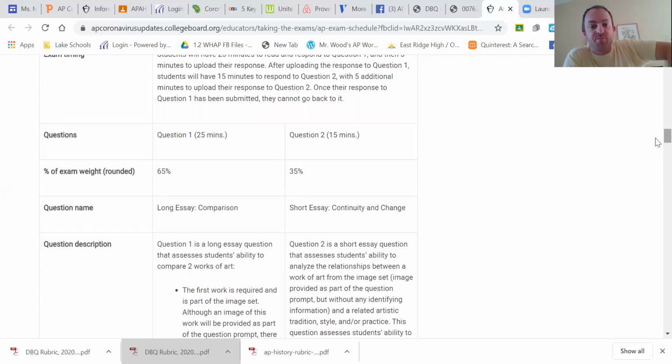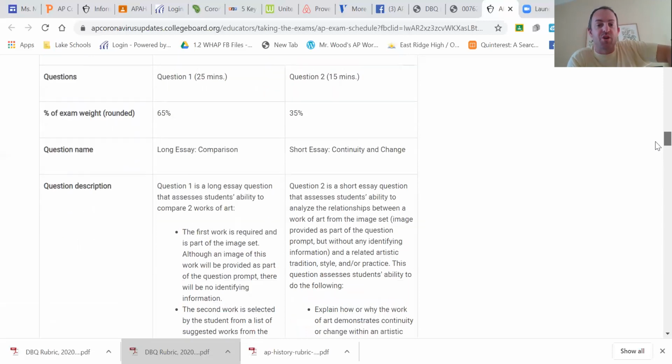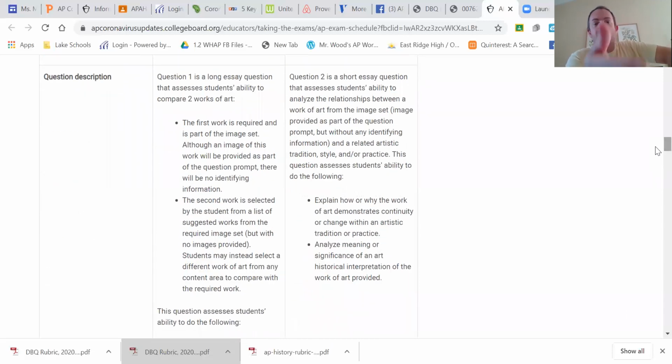Just to keep going with question one, the first work is required and is part of the image set. Although an image of this work will be provided as part of the question prompt, there will be no identifying information. You have the source, the piece, and you've got to know what it is. Then the second work, you're going to be able to select from a list.